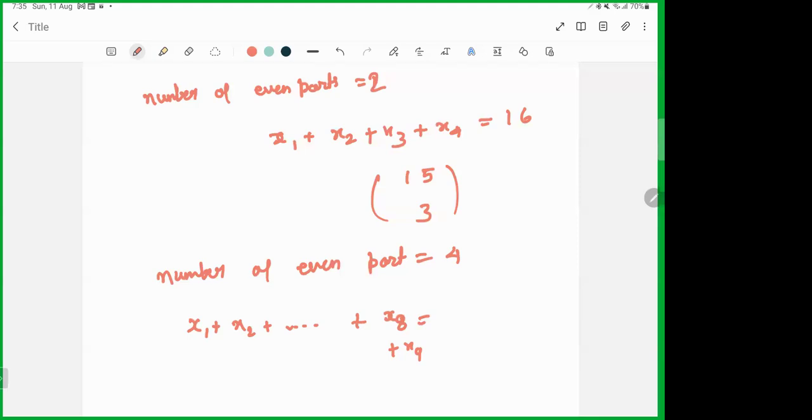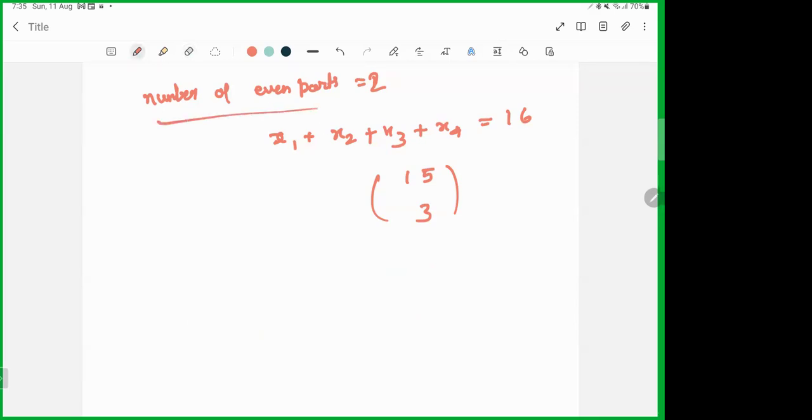Why do you feel there will be so many cases? When you are counting even parts, you are not considering the odd ones, so you have 2, 4, 6, 8. Okay, let me tell you what I'm saying. We consider the number of even parts as 2. So this will have two subcases. Subcase 1 is this, which we considered, and subcase 2 is this.